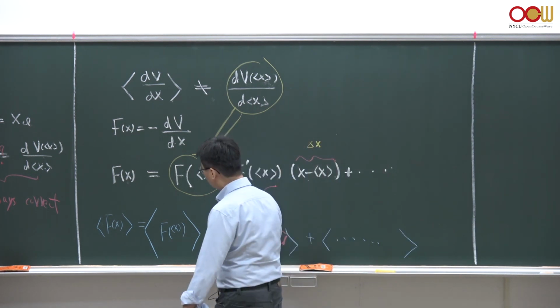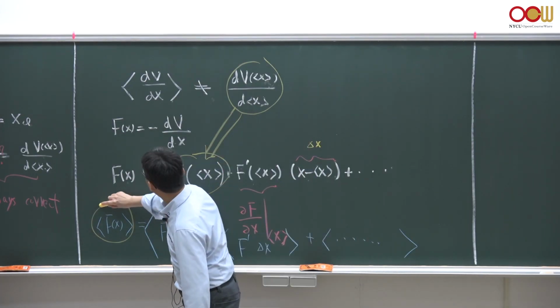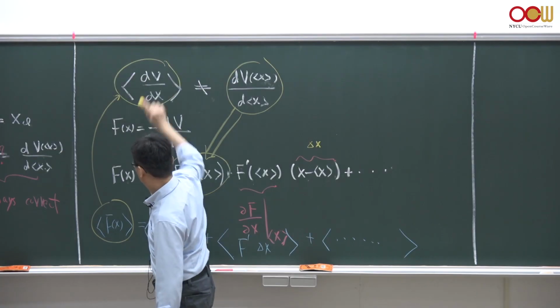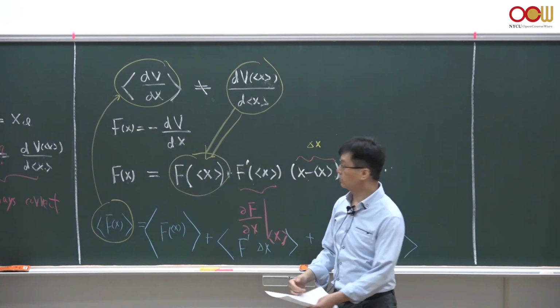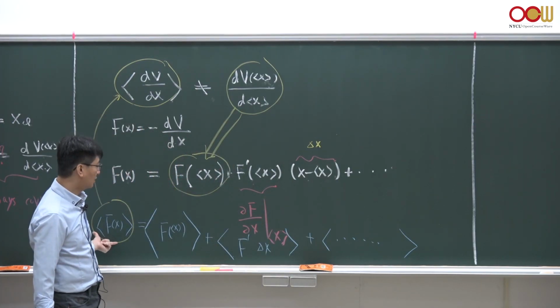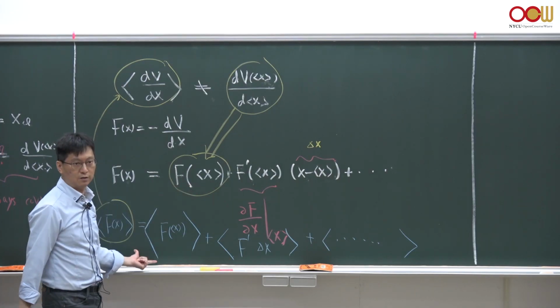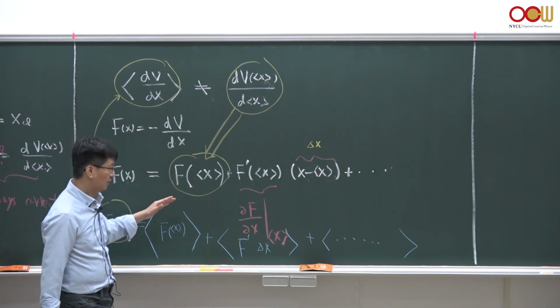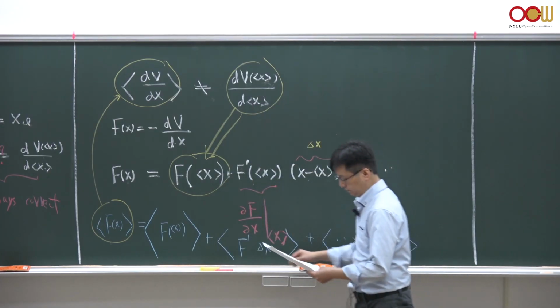So the left hand side of the equation right here is precisely this one with a minus sign. In other words, this is not the same as just the first term of the Taylor expansion. There are additional terms which we should not ignore.